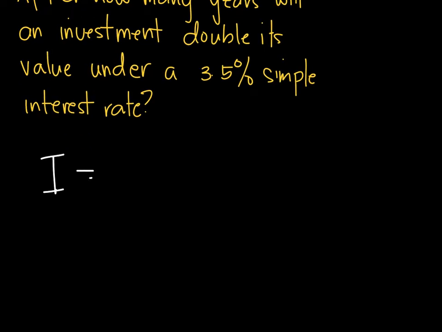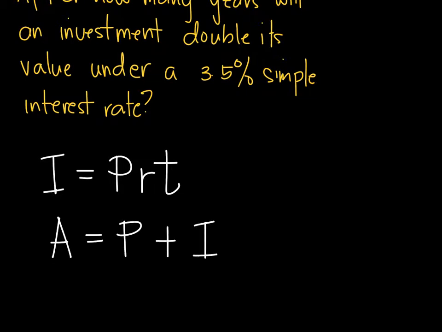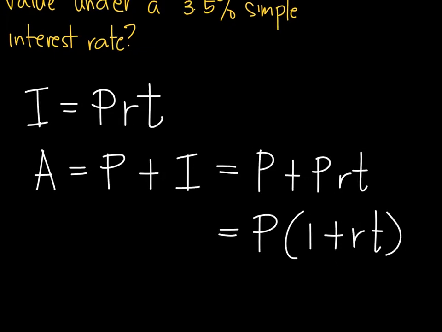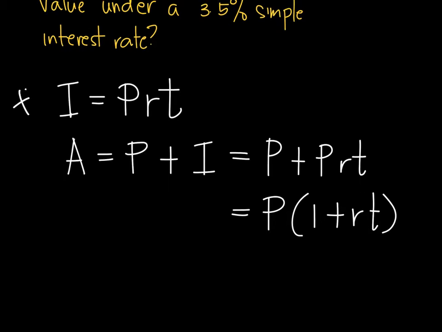Interest is equal to P, R, and then T. Also take note that any future amount, or what we call the future value, is just the principal plus the interest, which is P plus PRT, or equivalent to P times (1 plus RT). This is also something we can use when needed. So take note of the formulas: I for the interest, and A for any future value or future amount.